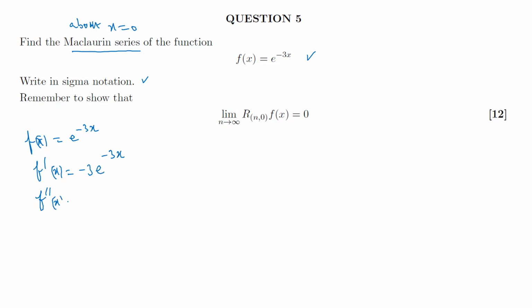F double prime is, okay, use the chain rule. You multiply by the derivative of the power, minus 3x, which becomes 9e to the minus 3x. Then minus 27e to the minus 3x.